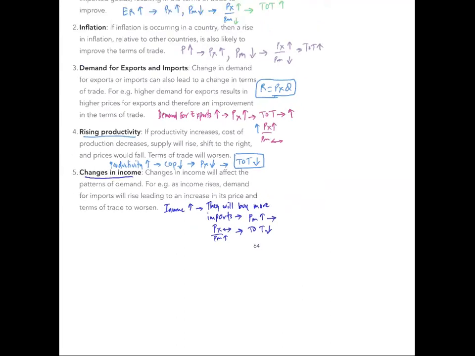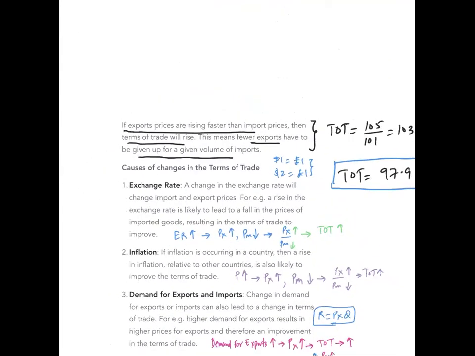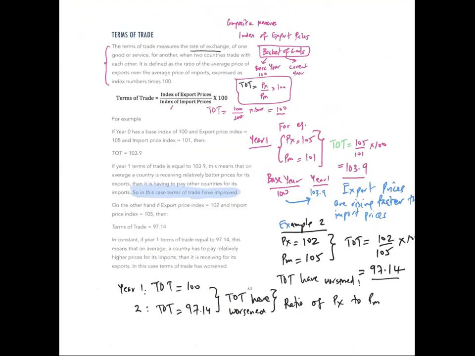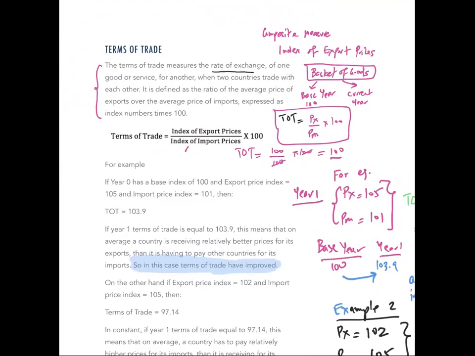So the formula is very simple. What is terms of trade? Haris is asking a question basically to redefine terms of trade. Terms of trade, Haris, is simply index of export prices over index of import prices. How do we make an index? The way we made an index in inflation, in the inflation chapter, we said that a country decides a basket of goods, and then they look at the basket of goods in the base year, and then look at the basket of goods in the current year.